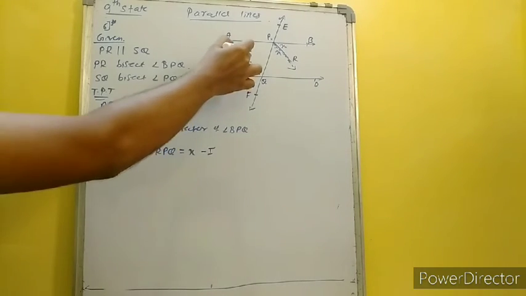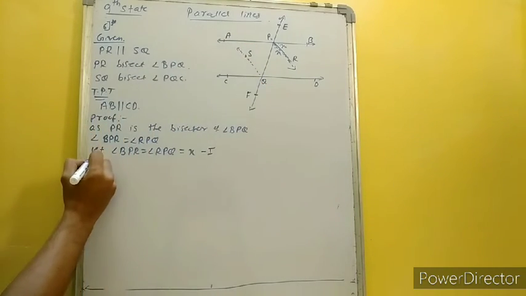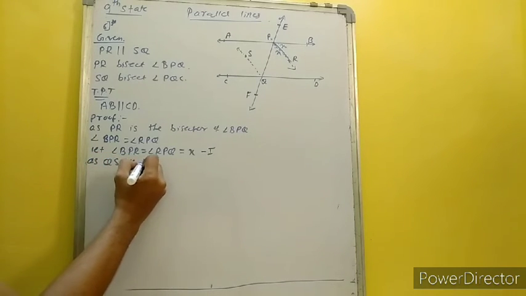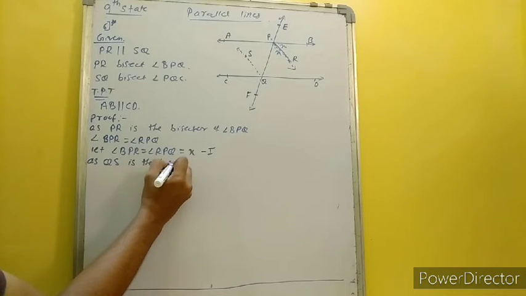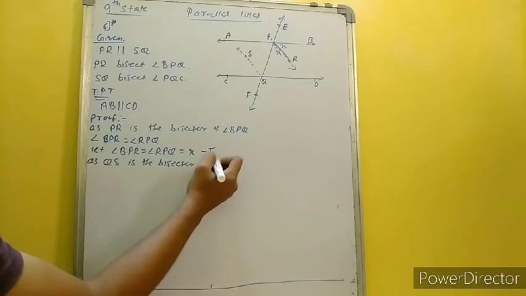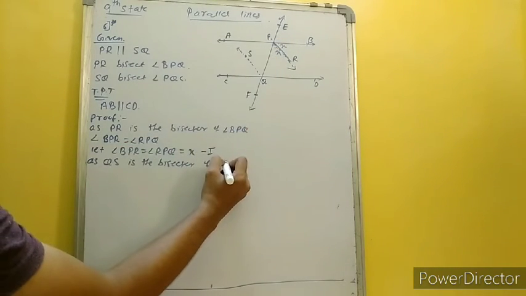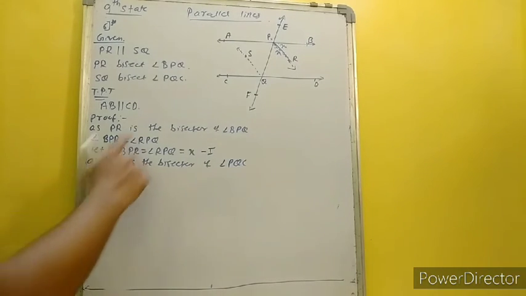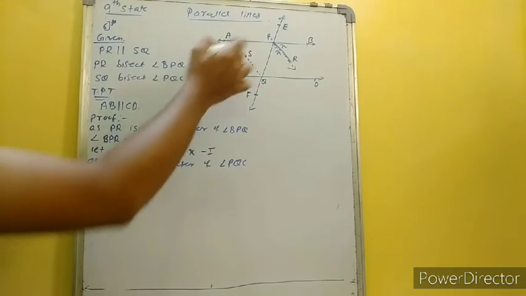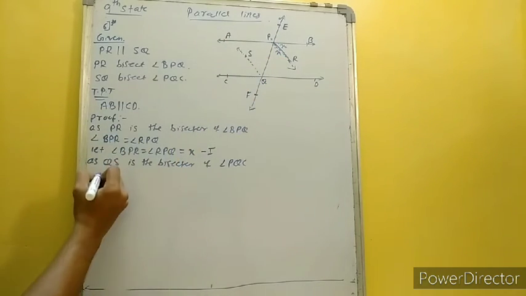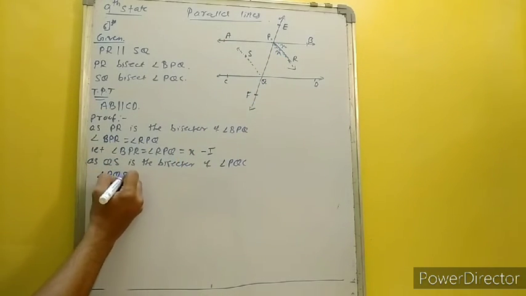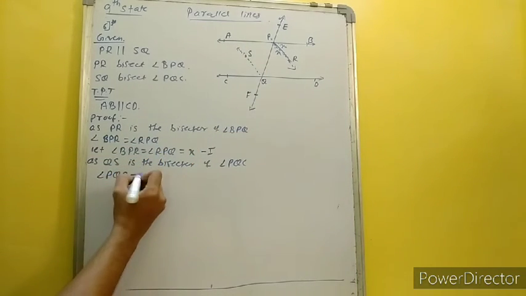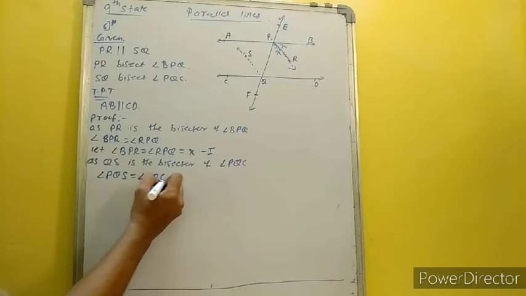Now similarly, as QS is the bisector of PQC, two angles are equal: angle PQS is equal to angle SQC.